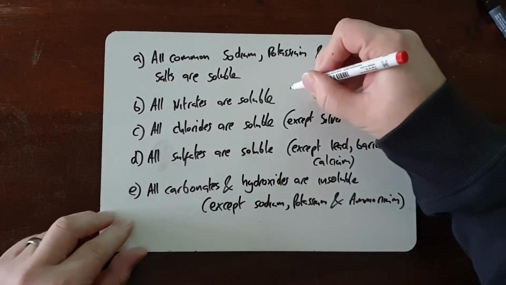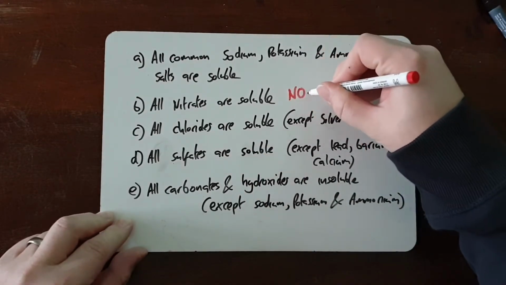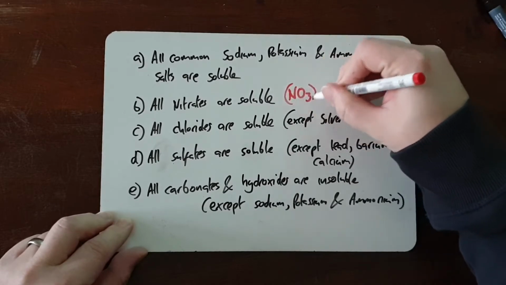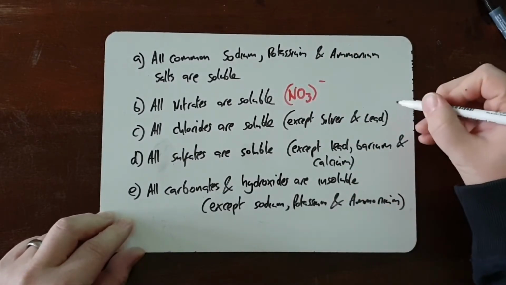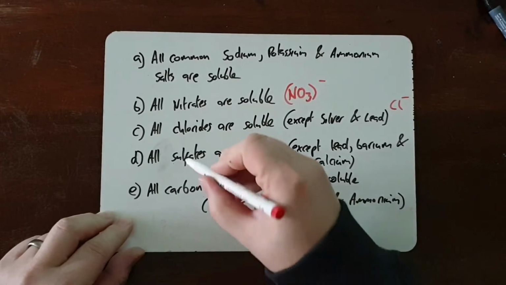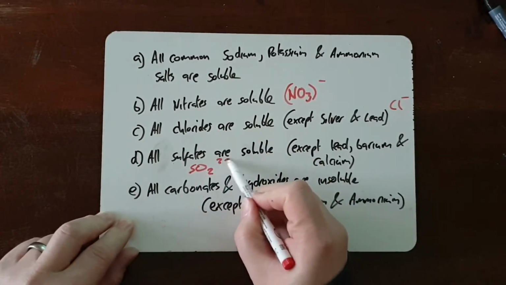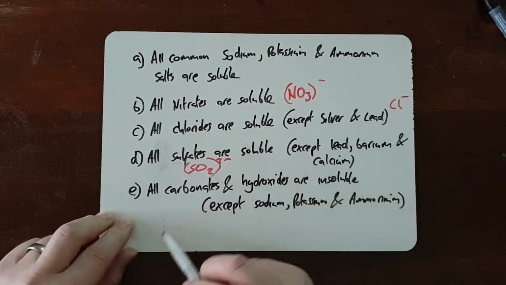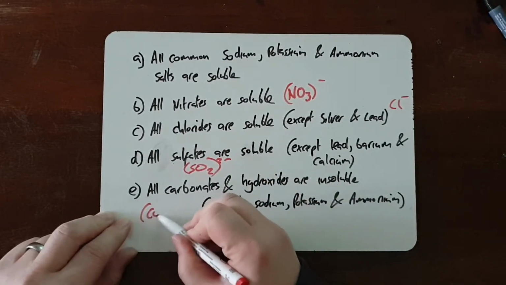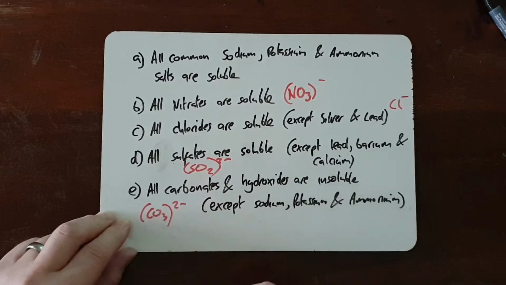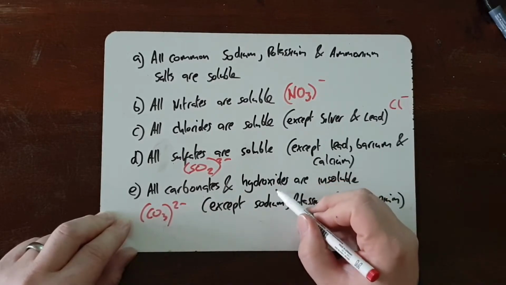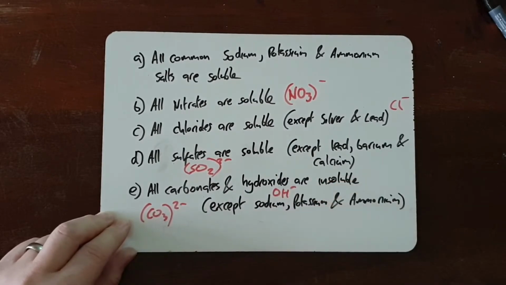So nitrates are things that have NO3 minus, so chlorides is Cl minus. Sulfates, they are SO4 2 minus. Carbonates are CO3 2 minus, and hydroxides are OH minus.